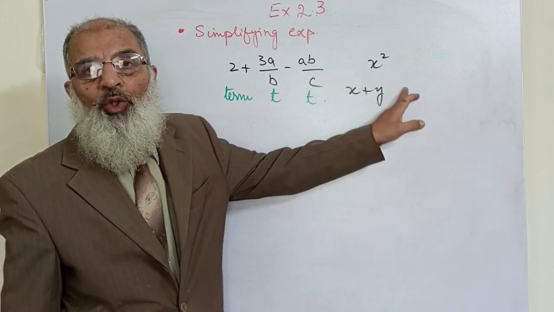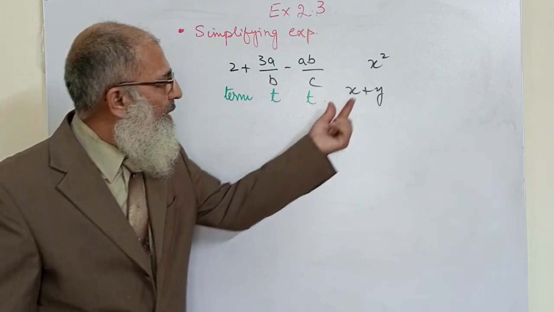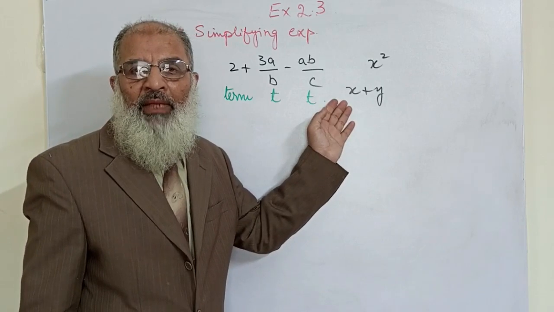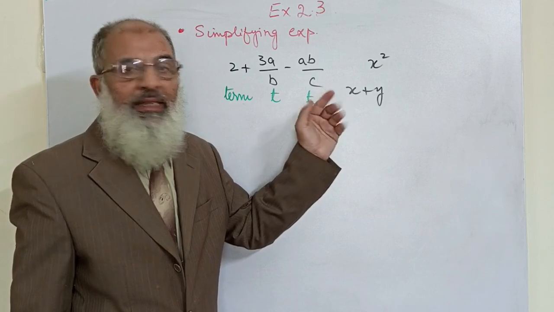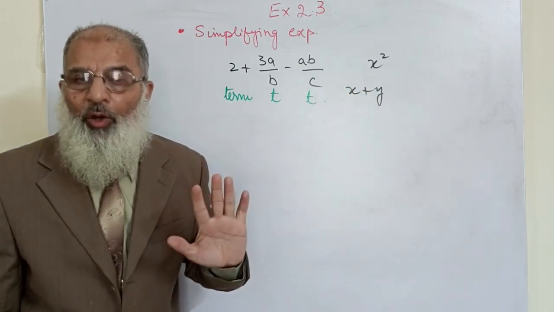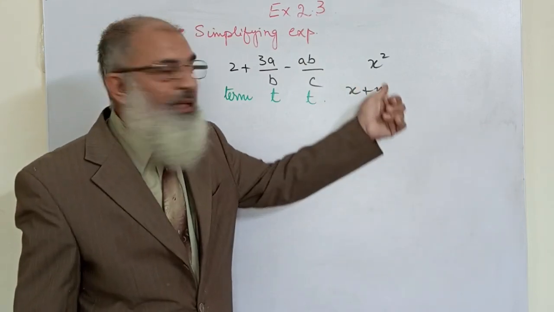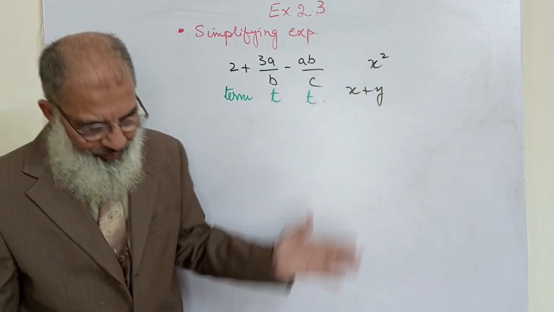Y cannot be added to y square even. So it means that if I call this a term, x is a term. So the like terms can be added together or subtracted.